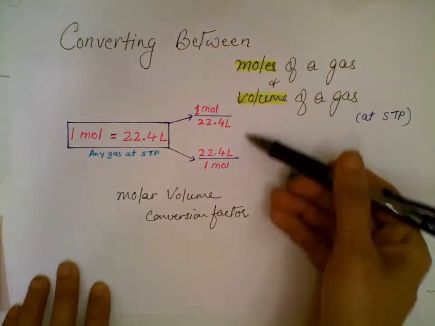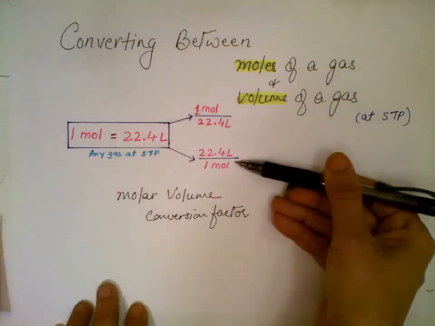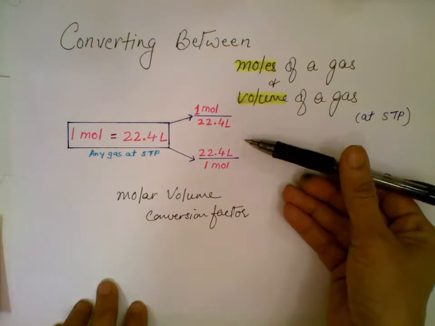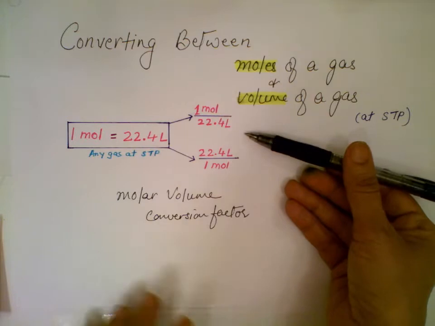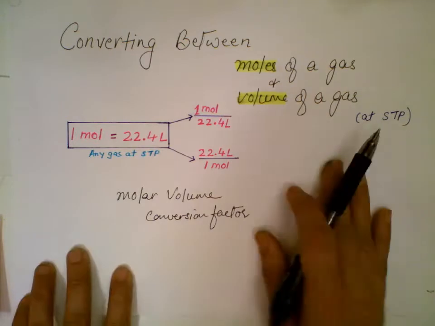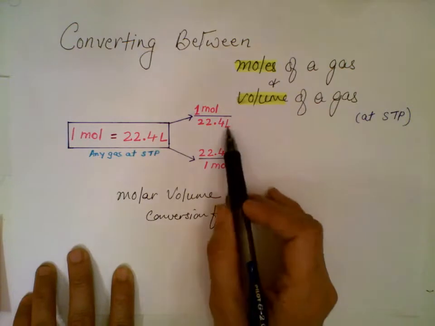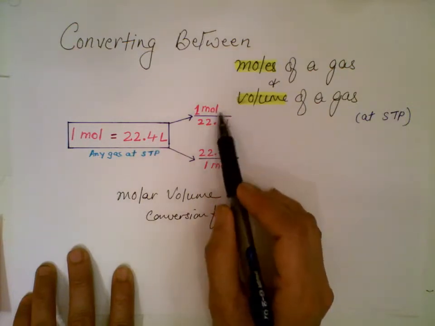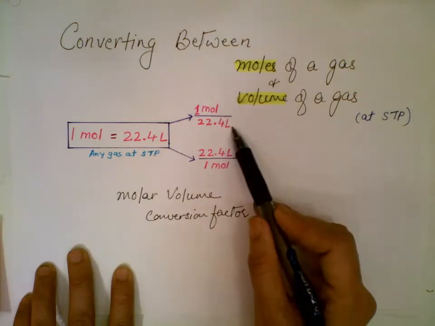Now, out of these fractions, which fraction are we going to choose for our problem? We're going to pick the fraction that has the ending unit, the unit that is asked for in the problem, at the top. So if we are asked to convert from volume to moles, we're going to use this one, ending unit at the top, starting unit at the bottom.